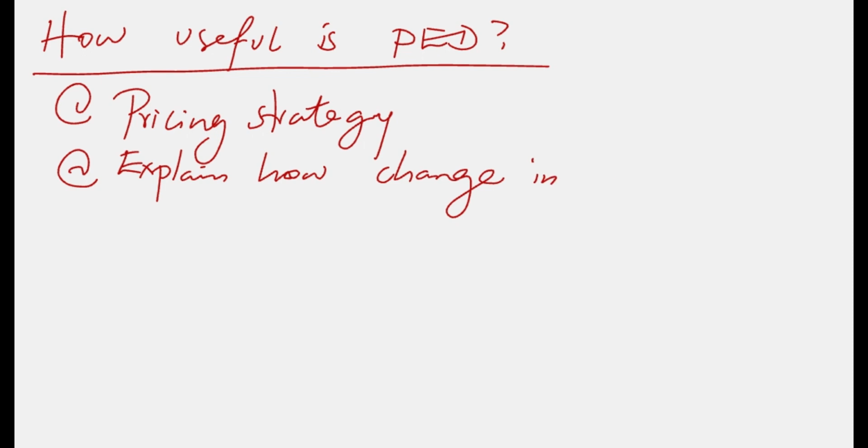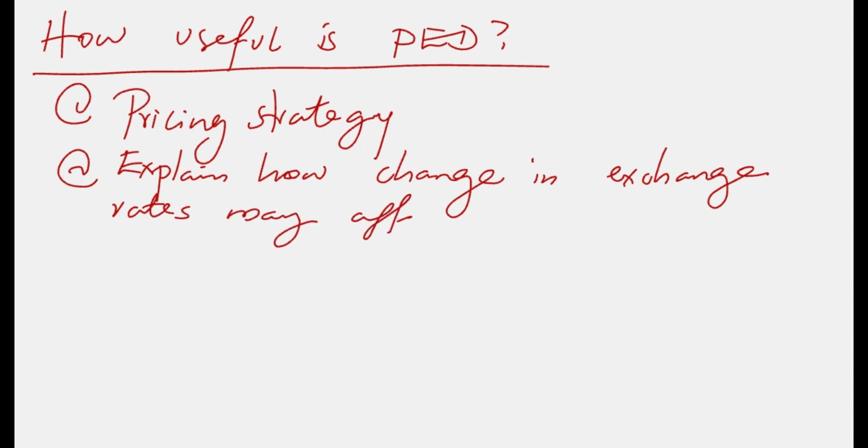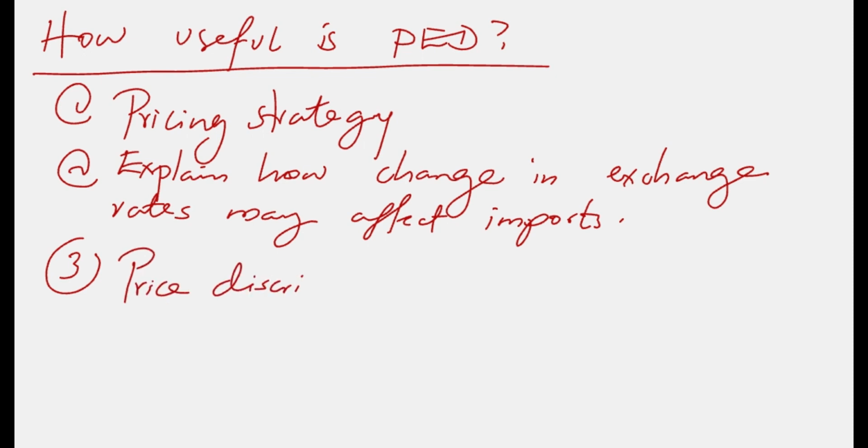So you can also explain how a change in exchange rates may affect importation. Remember, exchange rates usually affect the costs of importation or the prices of imported products. So it can be used to show how exchange rates can affect importation.